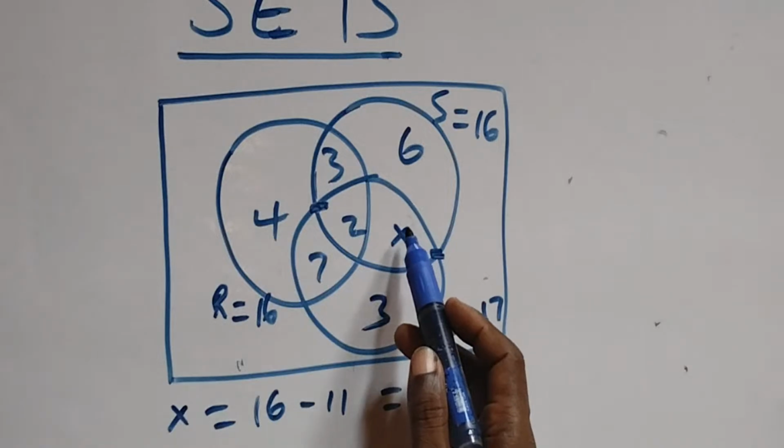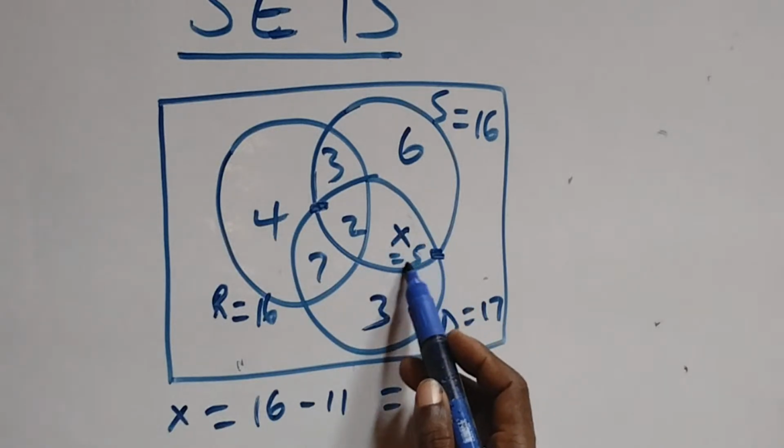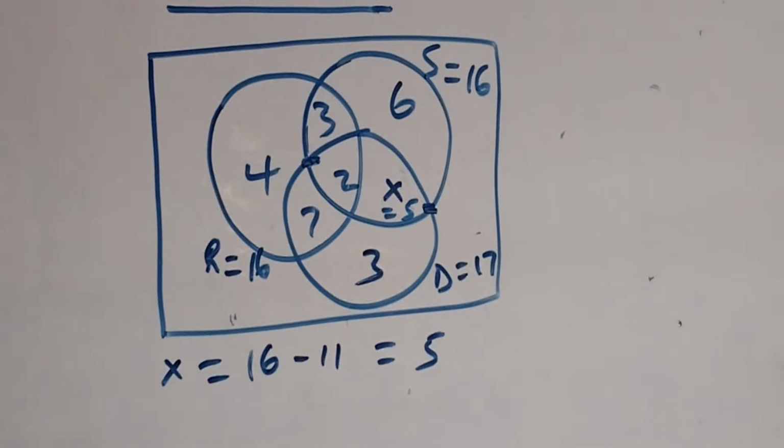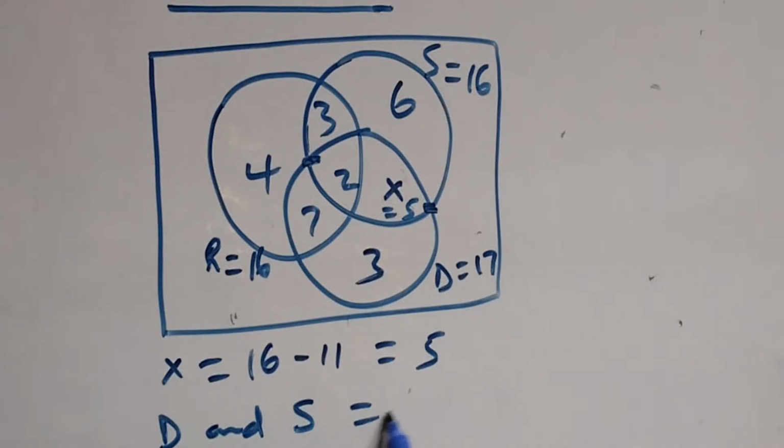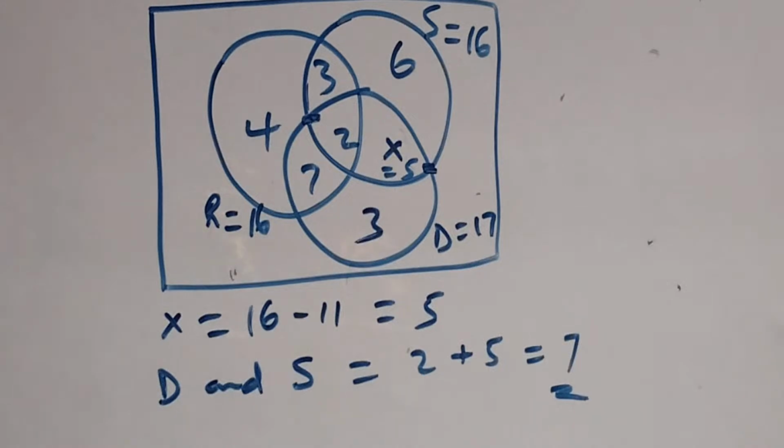So if X equals 5, dancing and swimming is now equal to 2 plus 5, which is 7. So it's as easy as that. When we answer problems in sets, we understand what we are talking about, and we are able to solve questions easily.